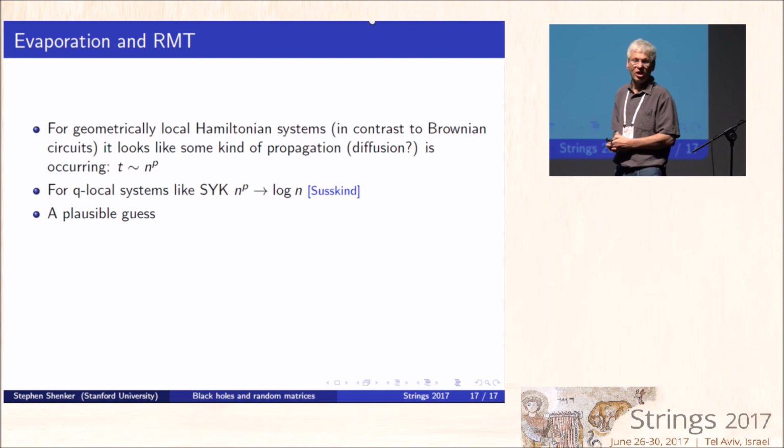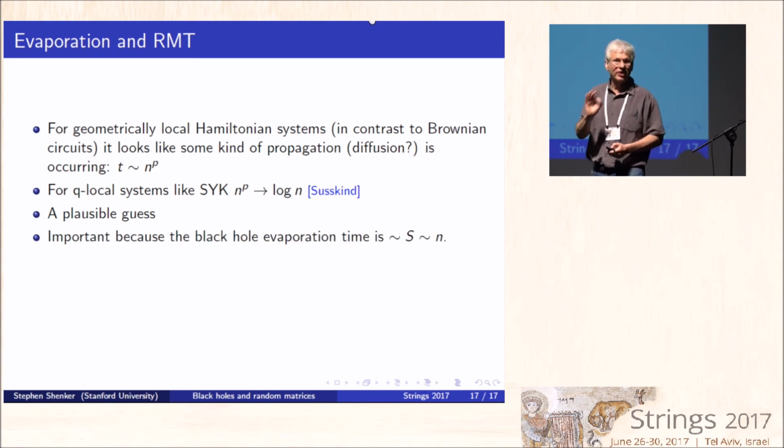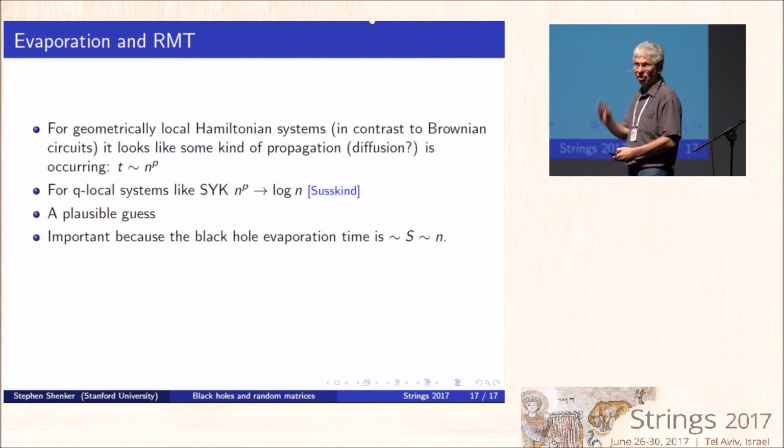So this seems like a plausible guess, and we're trying to put flesh on it. This time scale is important, because the black hole evaporation time for a small black hole is of order the entropy, which is n here.